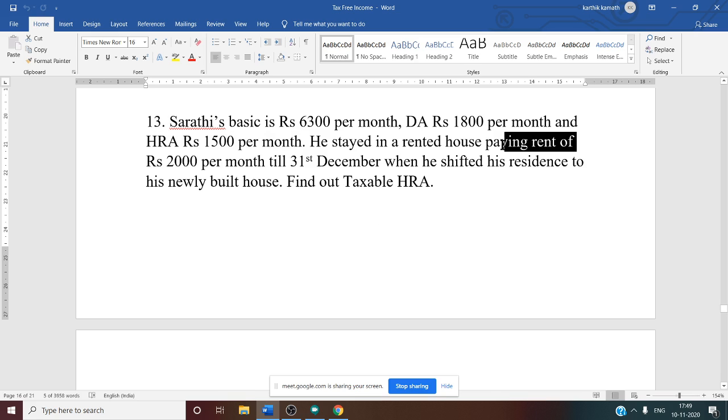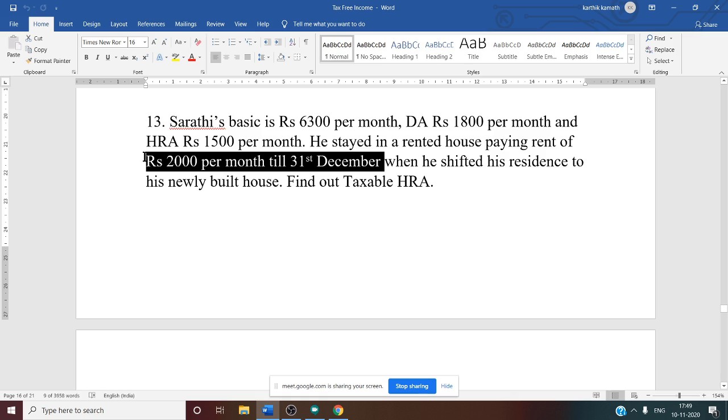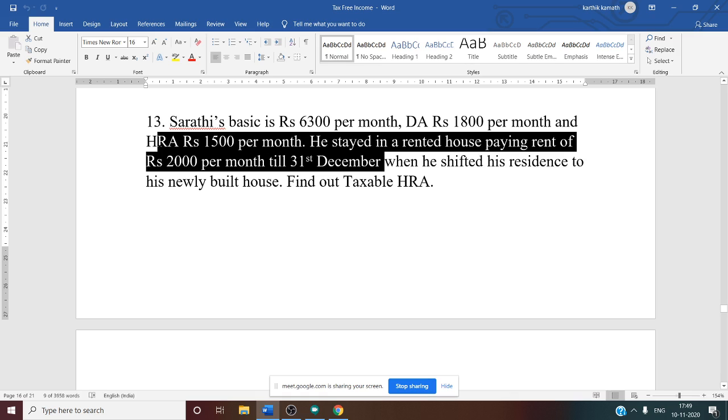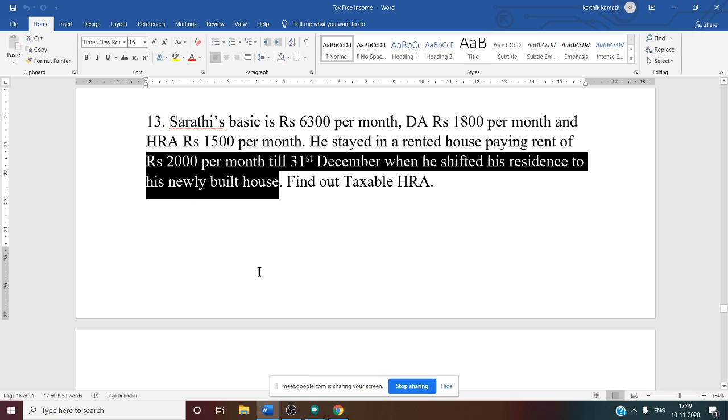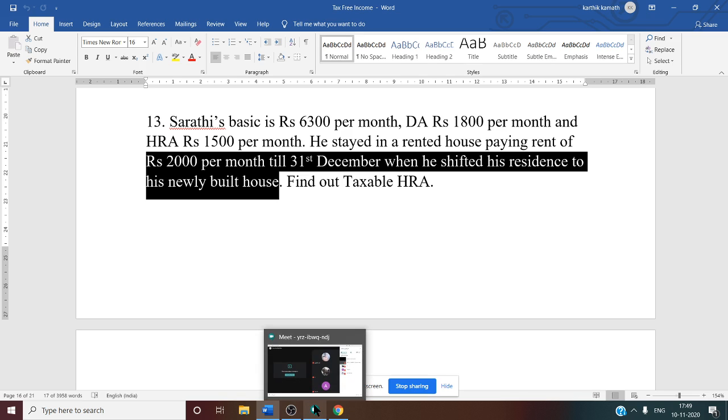He stayed in a rented house, paying rent of 2000 per month, till 31st December. That means Sarathi stays there till 31st December, when he shifted to his newly built house. After 31st December, that is from January 1st, he goes to his own house.